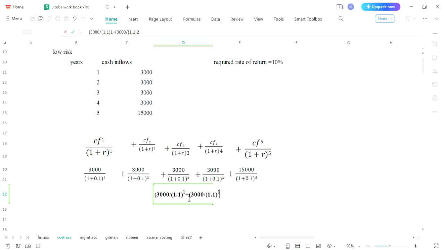Then we will be writing again for the third value. For third value, that is making little trouble. Let's see if it can copy again.